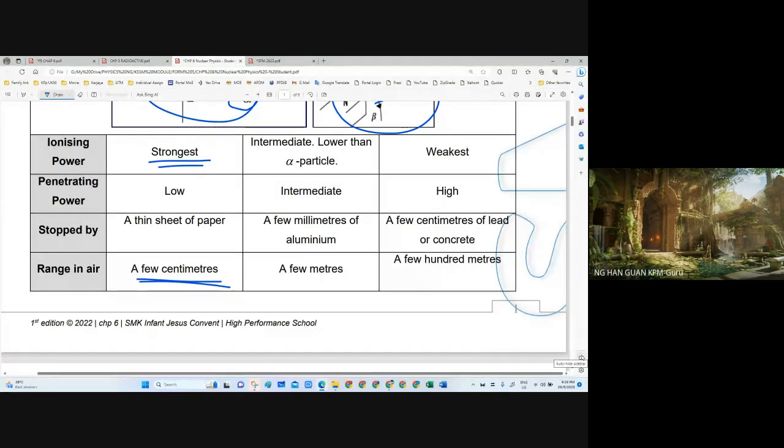Just like there's one question I always ask the students: if there's a glass of water, and I put gamma radiation in front of it, and the gamma radiation passes through this glass of water, is that glass of water still safe to drink or not? Many students will say cannot drink anymore, because it has been exposed to the gamma radiation.